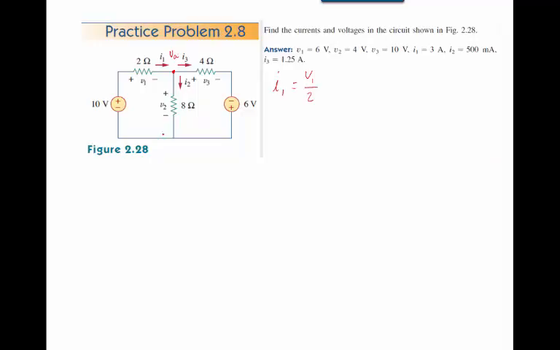If I somewhat arbitrarily call this my 0 reference point, I can call anywhere my 0 reference point, but it's usually easiest at the bottom of the circuit like this, and it's conventional to draw it that way. If I do that, I'm at 0 volts here. I come up 10 volts right here, and I know that this point on the circuit is at 10 volts.